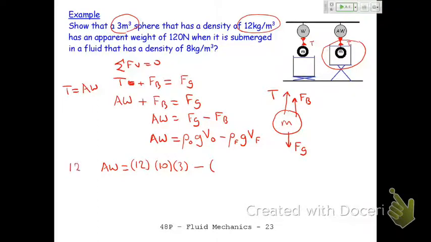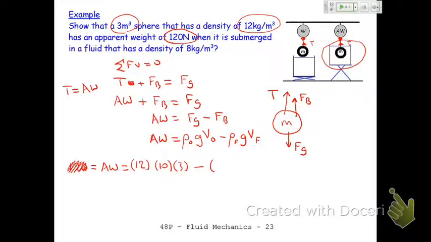I'm sorry, I wrote this question so that it already had the answer in there. It says, show that it has an apparent weight of 120, so I'm not going to use that as part of my calculation. I'm going to show that the answer is 120. Now I've got to work out the rest of my answer.